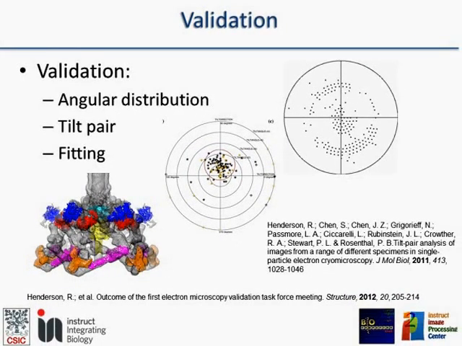And then also validation is through the fitting. So I fit an atomic model to my 3D structure, and if I see that there are many areas where the model doesn't fit my volume, probably I may have a wrong volume.